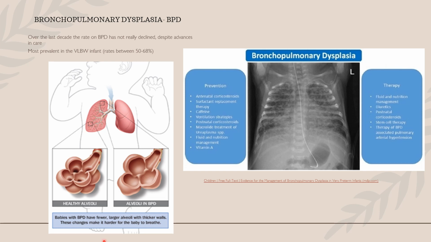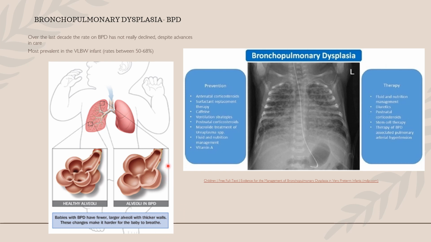And the old form of lung injury with bronchopulmonary dysplasia created larger alveoli and fewer alveoli, ultimately resulting in decreased surface area.